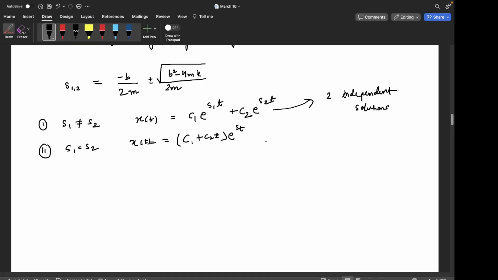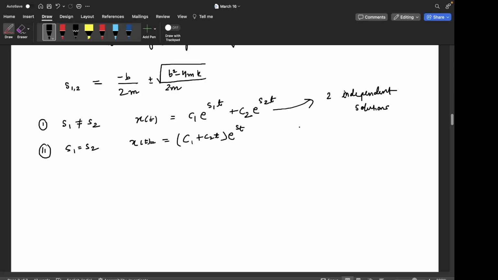We had only one solution from the characteristic equation, but in order to find the other part of the solution, we found a function which is linearly independent to the first solution, C1 times e to the power st, by multiplying the exponential with t. So it becomes (C1 plus C2 t) times e to the power st.